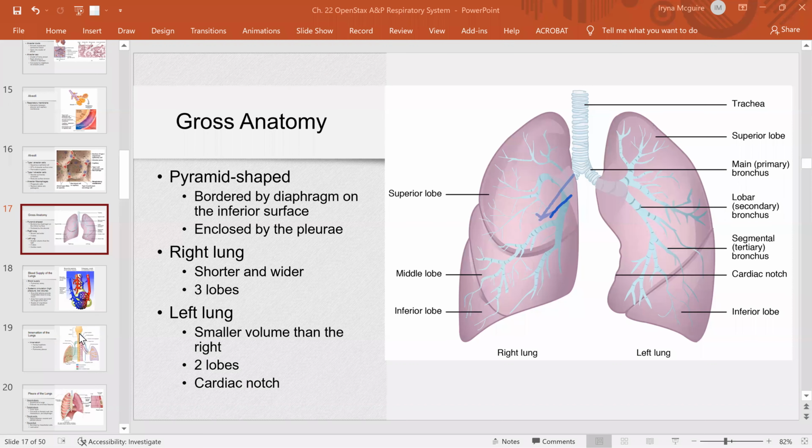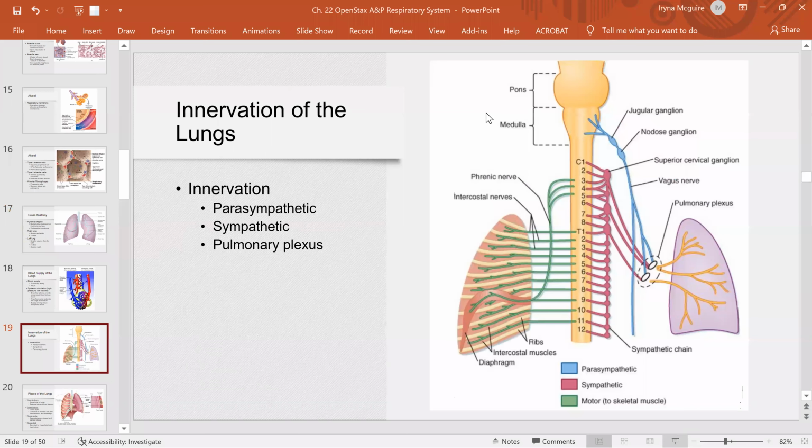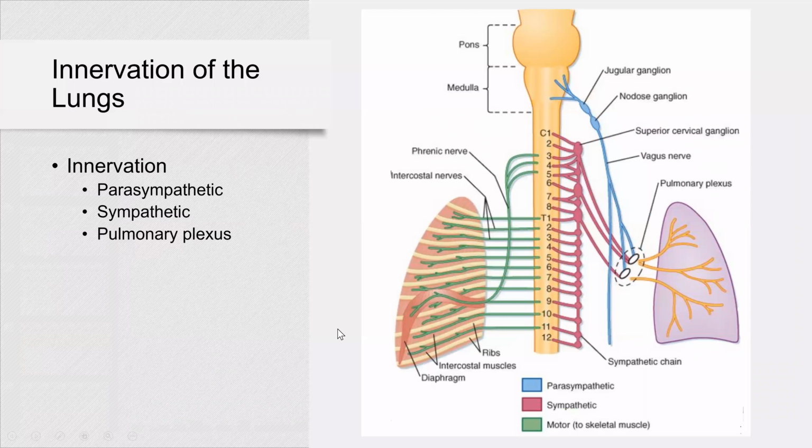Okay, next, we also need nerve supply, right? We talked about blood supply. How about innervation of the lungs? What's shown here in green is the innervation of the diaphragm and intercostal muscles.